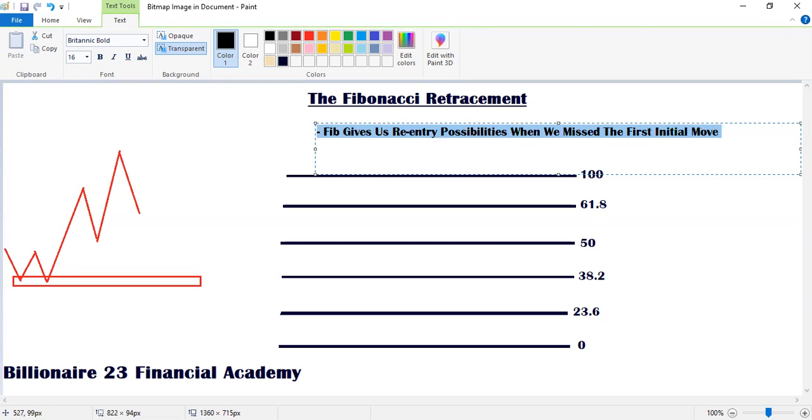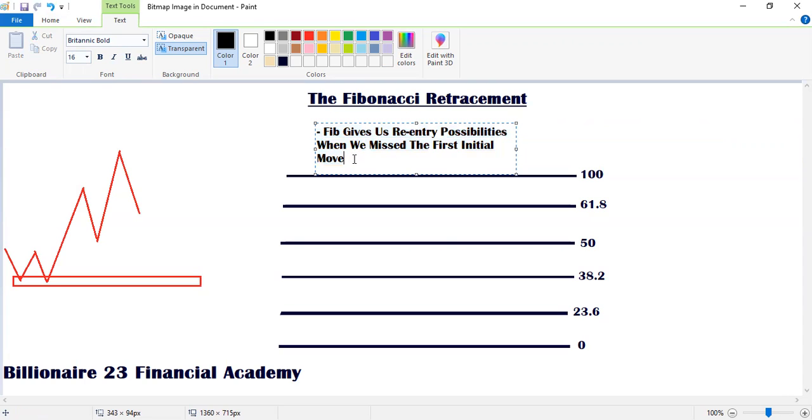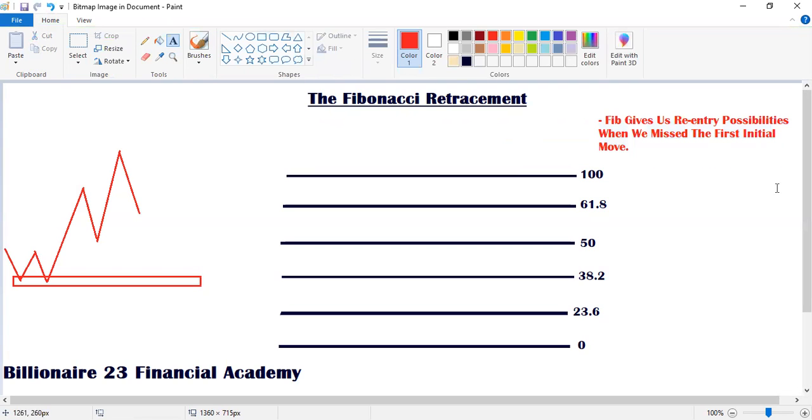I think that will be fine. Or let me rather do this. And then I think I'll just change the color to red. Okay. The fib gives us re-entry possibilities when we missed the initial move up.